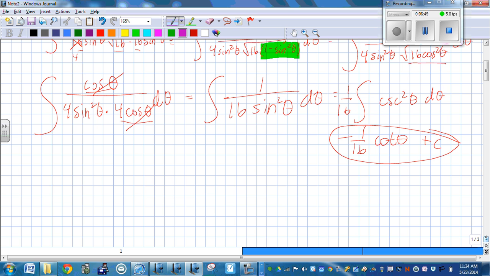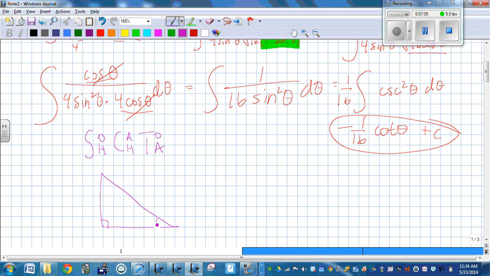We use SOHCAHTOA. It's very important. Can't forget it. So if this is our angle and our equation is x equals 4 sine of theta, we're going to isolate sine.